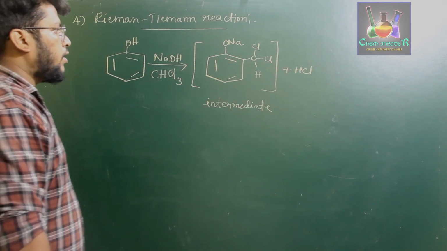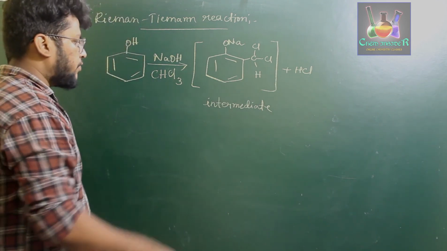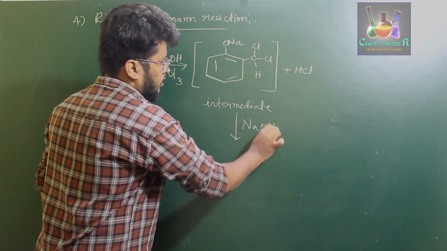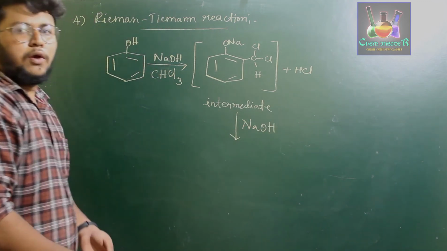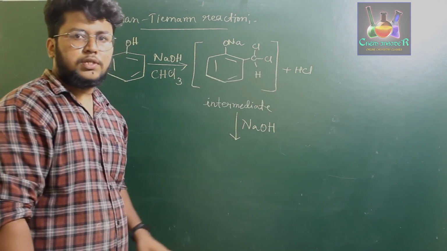Next, what we are going to observe over here is, when you treat this particular intermediate with a further amount of sodium hydroxide, we are going to replace these chlorine atoms with oxygen.